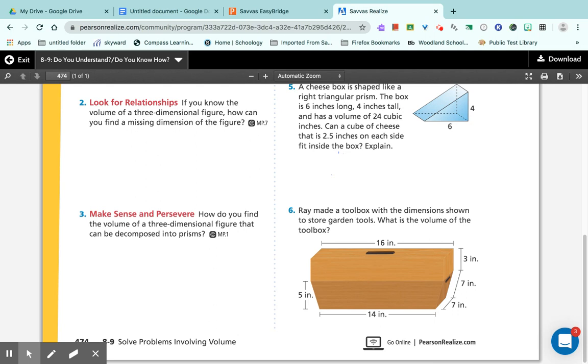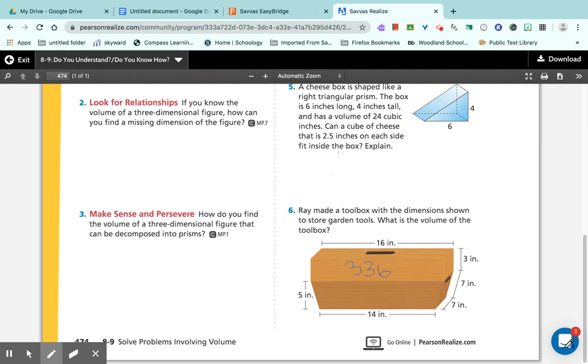So you have to do the top first. The top is 16 by 3, then you have 7. So your total at the top, when we multiply it out, is going to be 336.